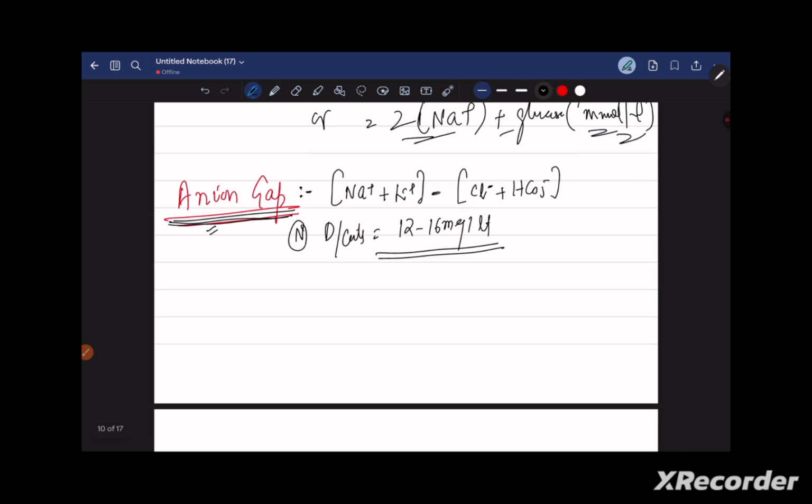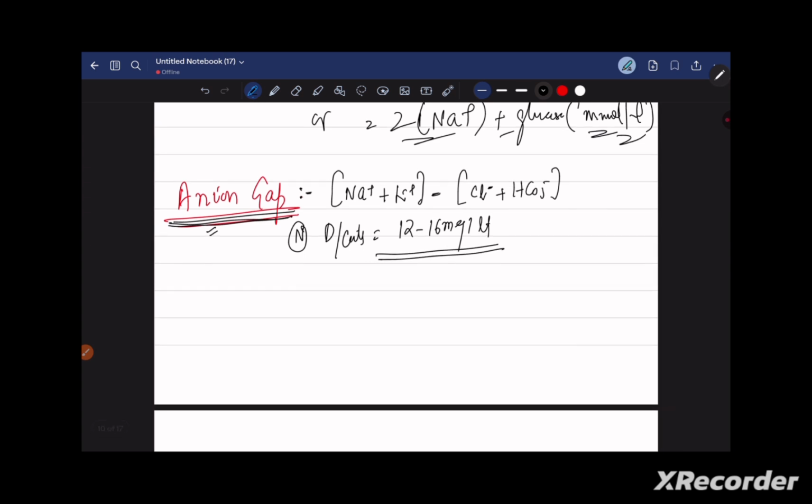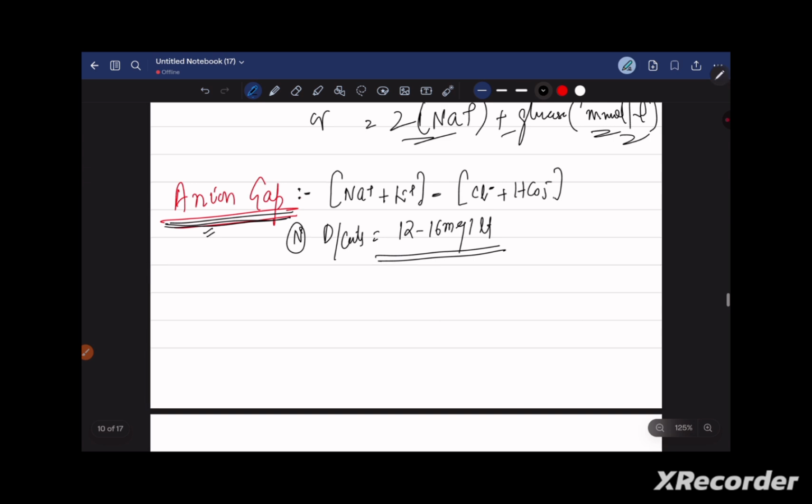Remember one thing: when the anion gap is more than 16 milliequivalents per liter, it will be known as anion gap acidosis.